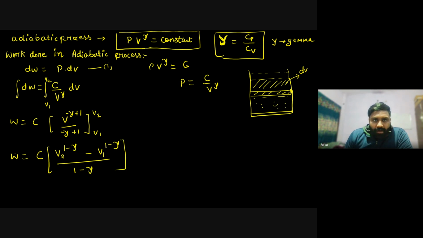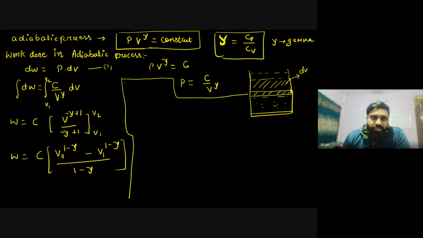Now, what we wish here, we wish to remove this constant C. So for that, what we will do, this process is taking place from P1 pressure to P2 pressure and V1 volume to V2 volume. So we can say that P1 V1 raised to the power gamma is equal to P2 V2 raised to the power gamma.